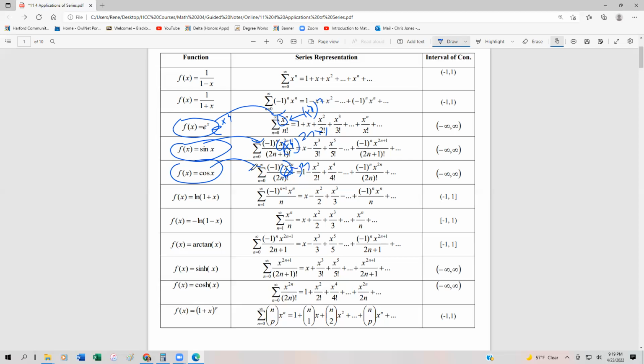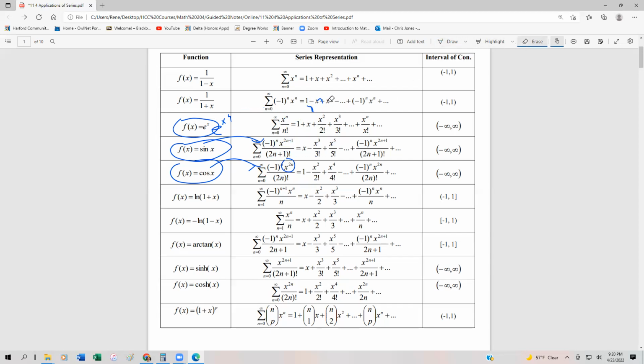And again, all I did was replace this x with x squared. Then I'm going to do the same thing for the other two, replacing each of these with x to the fourth.